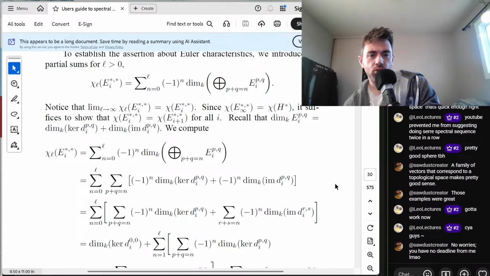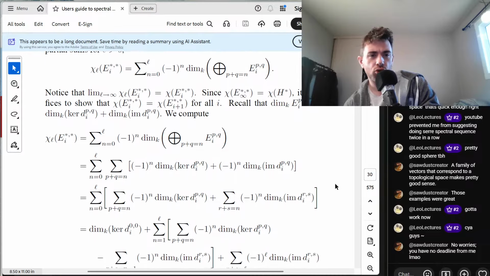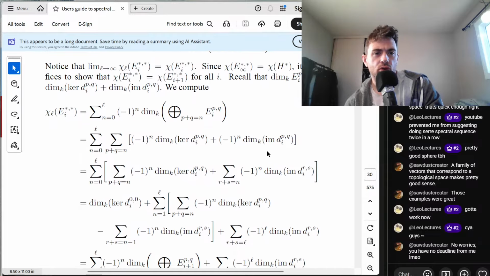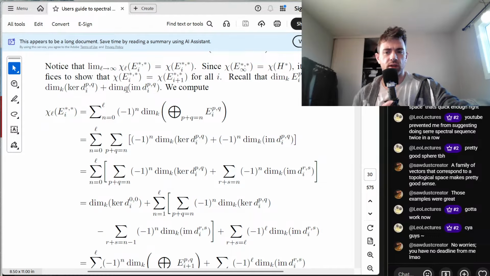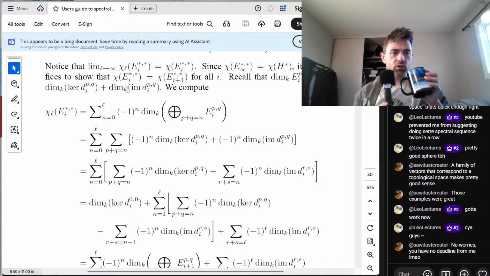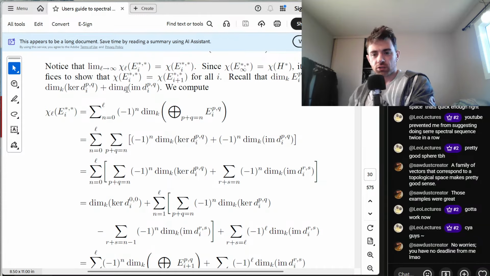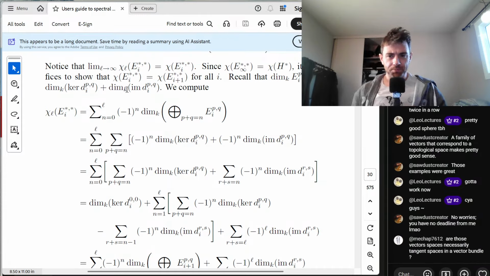So since those are equal, it suffices to show that these are equal for all i. So we use our favorite rank nullity theorem, and we compute. Okay, hold on to your hats. This is going to be quite the computation.